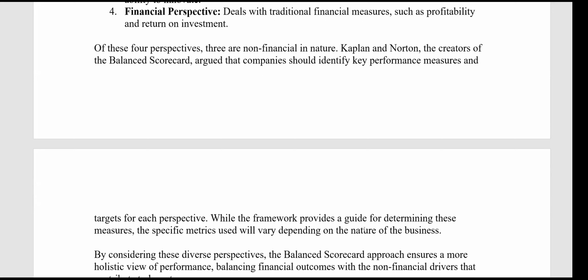While the framework provides a guide for determining these measures, the specific metrics vary depending on the nature of the business. For instance, when we take a bank, we can develop a balanced scorecard for a bank. Now, that is how your exam will be coming, right? So if the company in question is a bank, the question is develop a balanced scorecard for the bank. So if I take the financial perspective, what should I set as a financial objective?